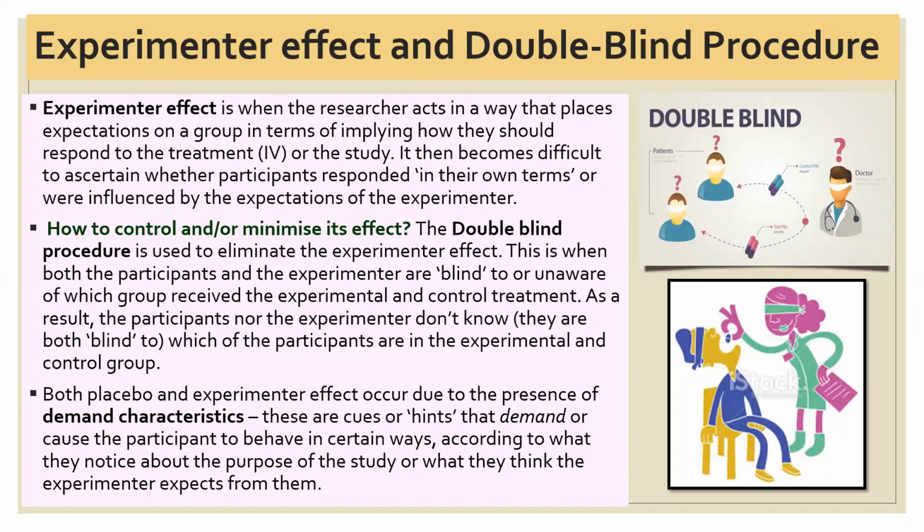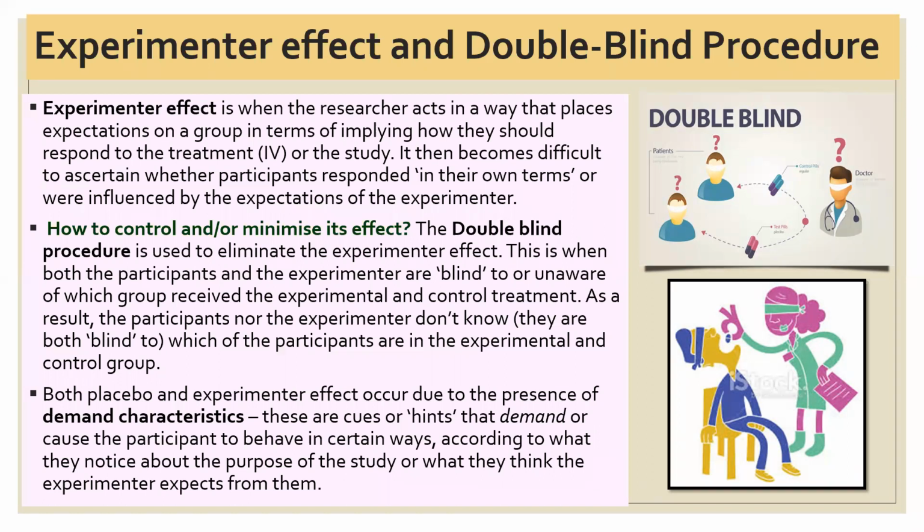If we're studying the effect of consuming green tea on weight loss, there's a common perception that if you drink green tea, it'll be good for weight loss. If a researcher makes them the green tea and gives it to them, and says, this green tea is really supposed to help you lose weight, in fact, I know a lot of people who lost weight from drinking this green tea, then as the experimenter you are placing your expectations of what you think the green tea will do on the participants.